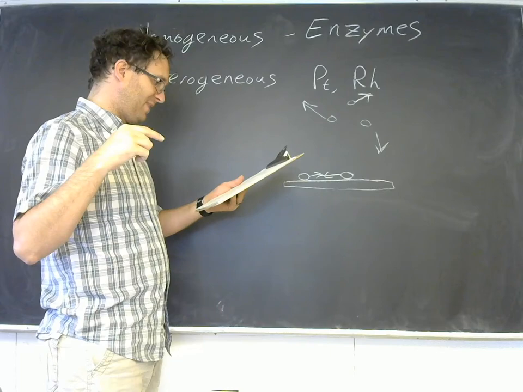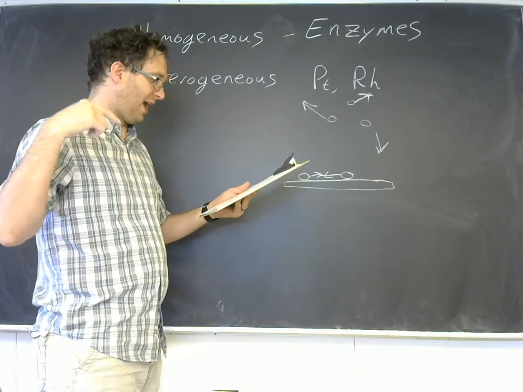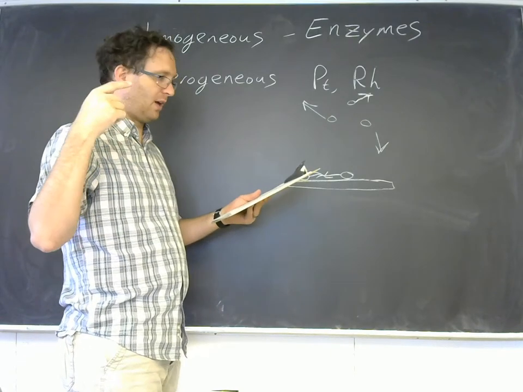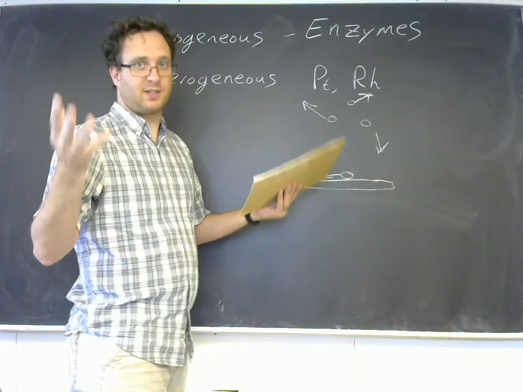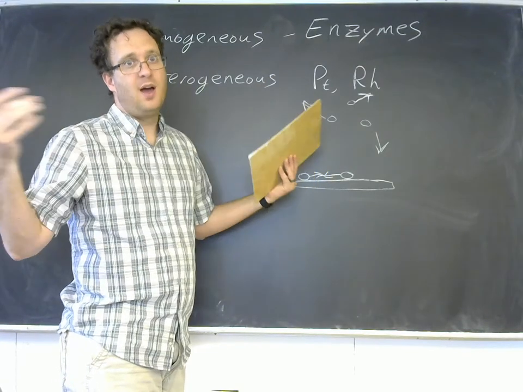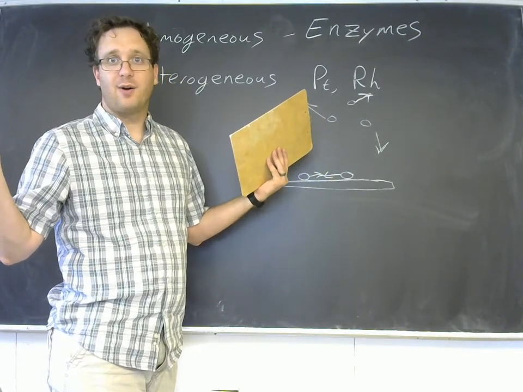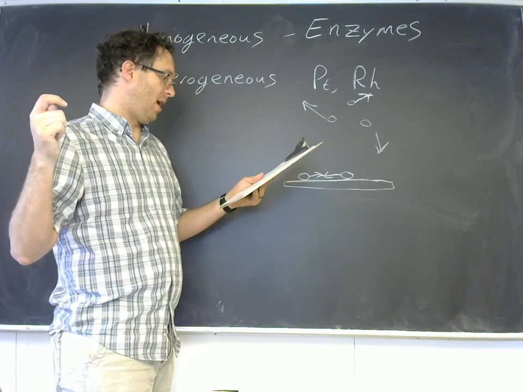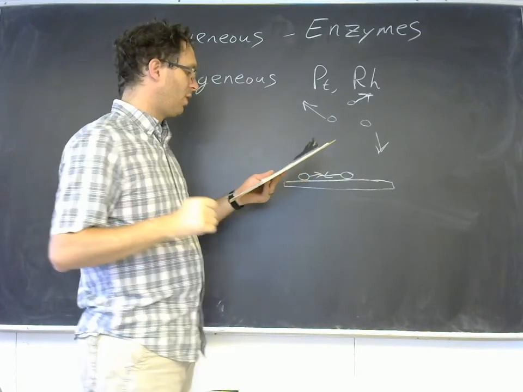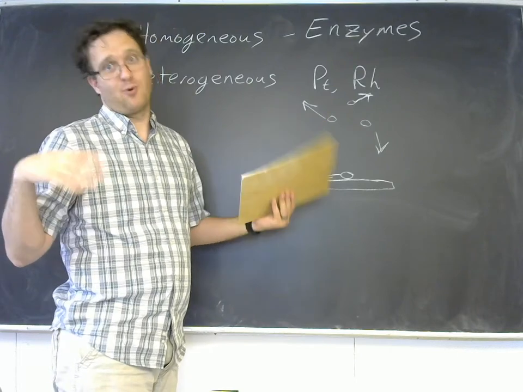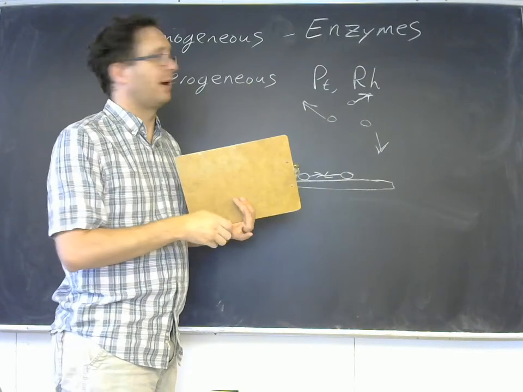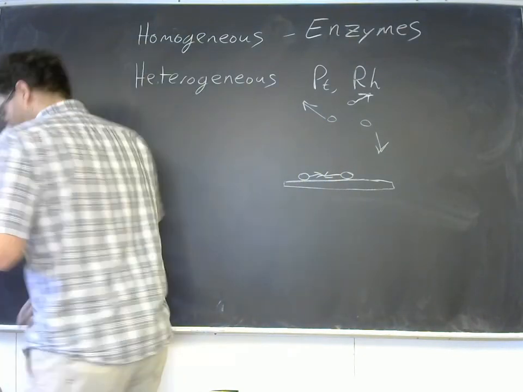Enzymes will often stabilize the transition state by shifting electron density away from bonds that need to be broken, and pushing electron density toward regions where bonds need to be formed, and things like that. It's really quite remarkable.